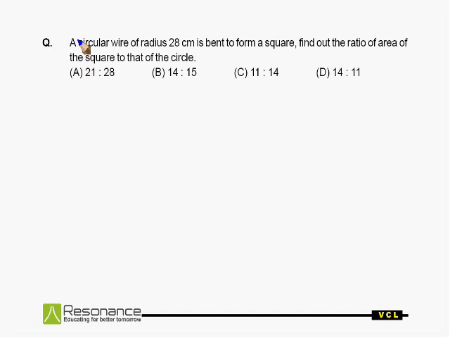Next question. A circular wire of radius 28 centimeters is bent to form a square. Find out the ratio of the area of the square to that of the circle.